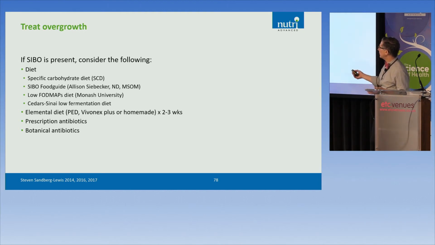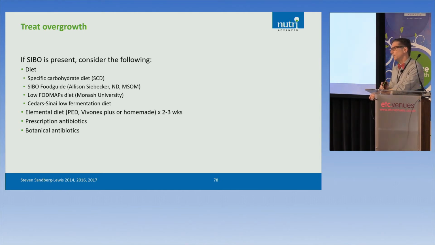Then there's the pure low FODMAPs diet from Monash University in Australia, and there's the Cedars-Sinai diet, a low fermentation diet from Cedars-Sinai, Dr. Pimentel in Los Angeles.